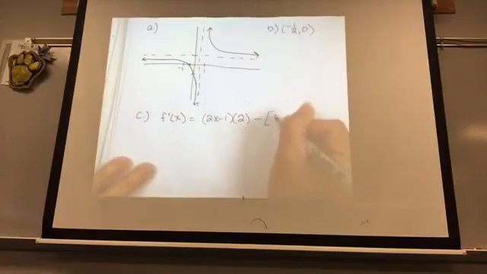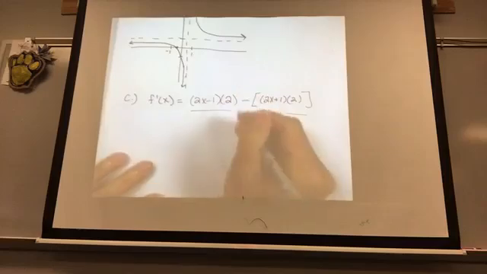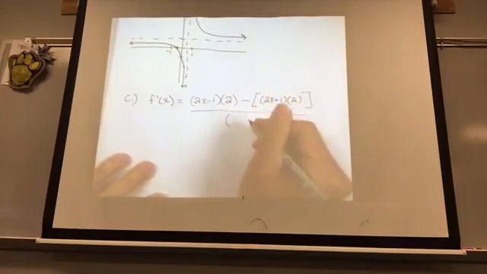And I always do double parentheses. So 2x plus 1 times 2 all over low squared. Low d high minus high d low.